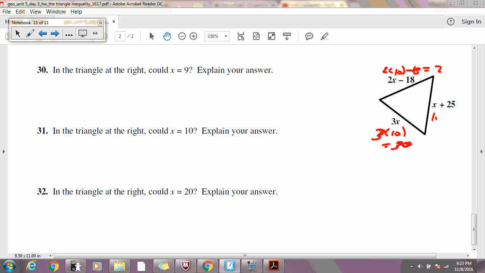And then it's 10 plus 25 over here, which is 35. So take the two smallest, which is 2 and 30, and test to see if it'd be greater than 35. That would give me 32, which is not greater than 35, so no, x cannot equal 10 because those side lengths would not work for a triangle.